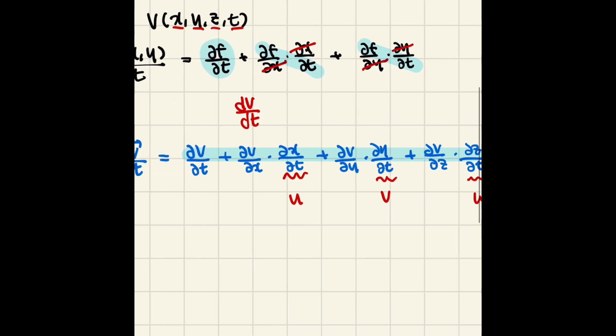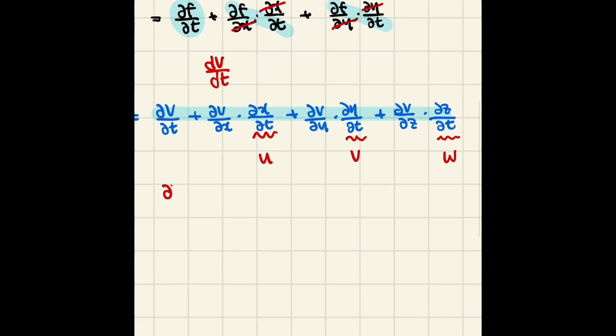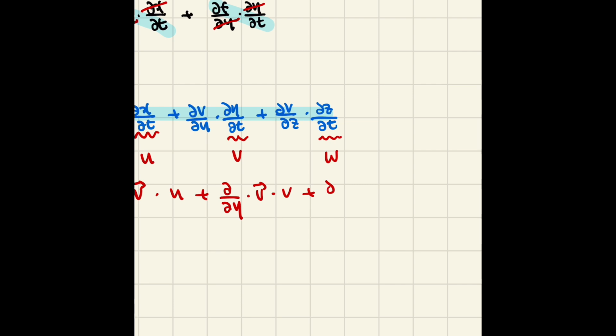And you can see that we can rewrite this equation in terms of partial v partial t plus partial v partial x times u plus partial v partial y times v plus partial v partial z times w.